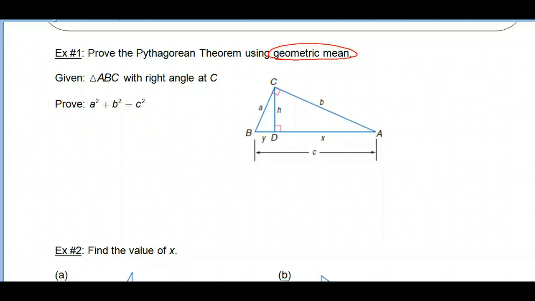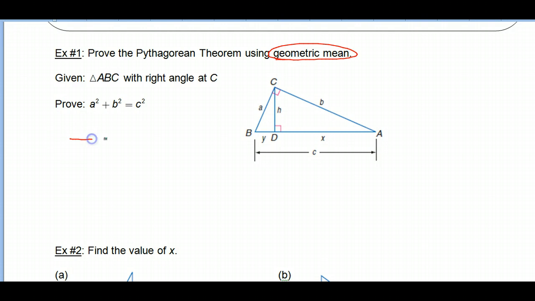Using geometric mean, we're going to set up two proportions based on what we know about the altitude and about the legs of a right triangle. Any ideas? Go ahead, Sarah.